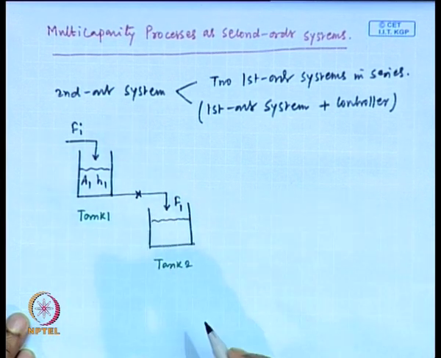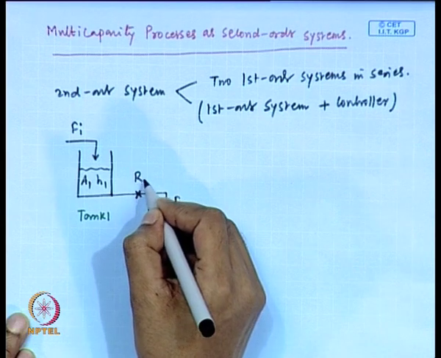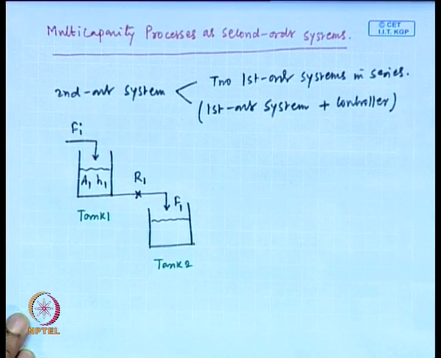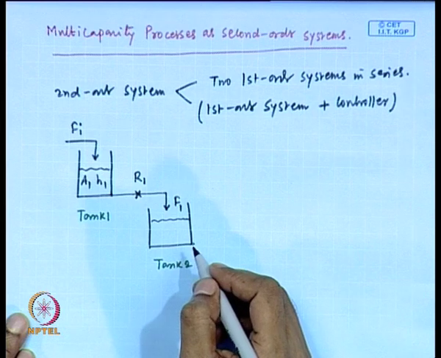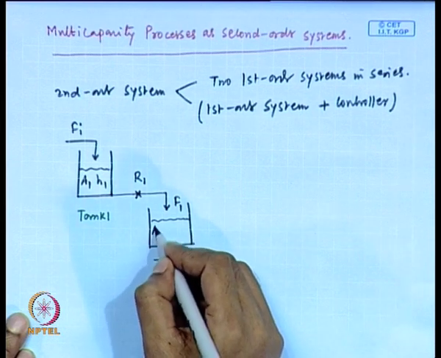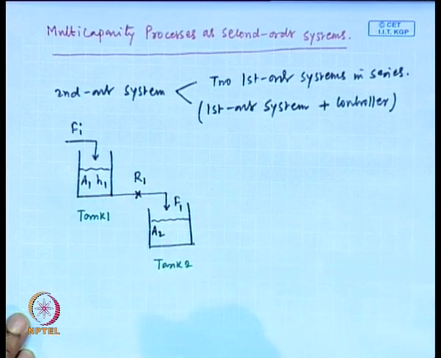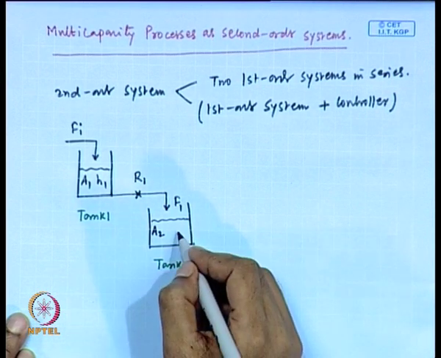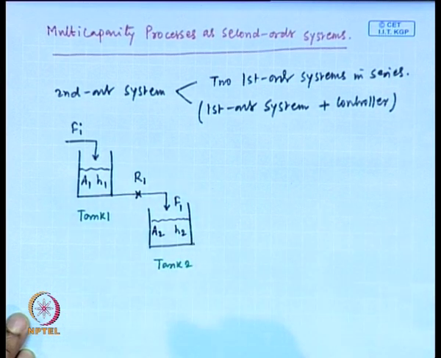Here resistance to flow is say R1. In tank 2 we consider the cross sectional area A2 and liquid height H2.